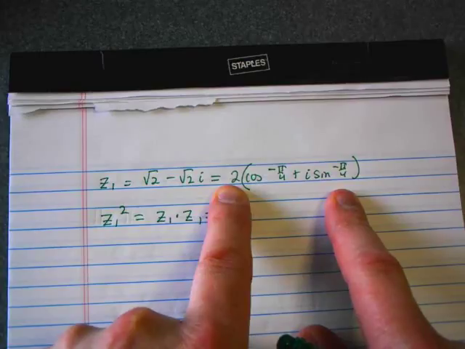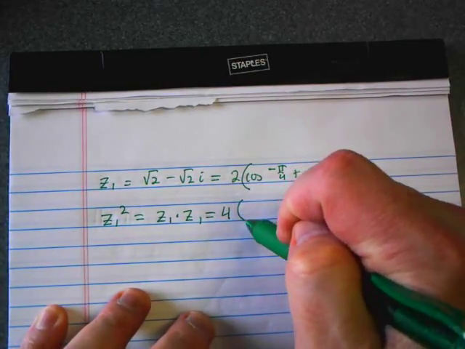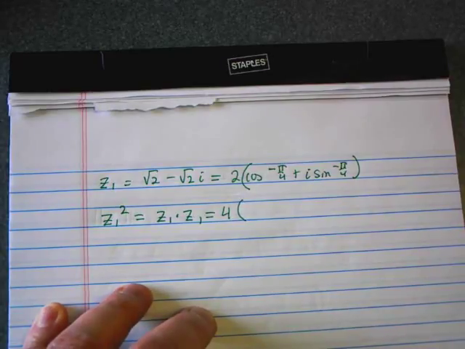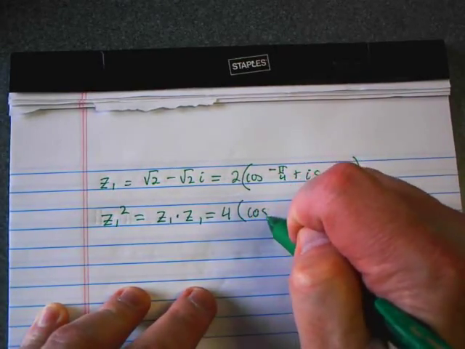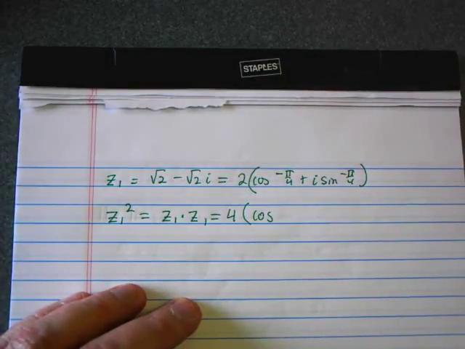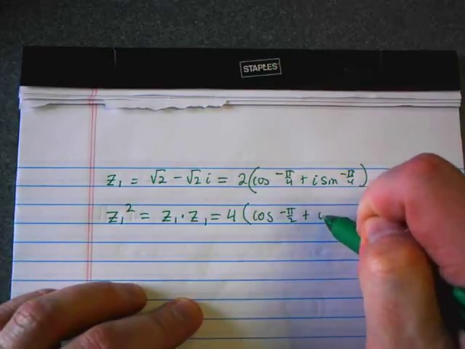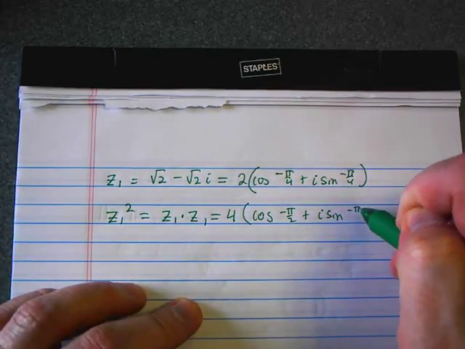So I take 2 times 2. That's 4. And then what do I do with the angle? I add it to itself. So I'm going to have negative pi over 4 plus negative pi over 4, so that's cosine of negative pi over 2 plus i sine negative pi over 2.